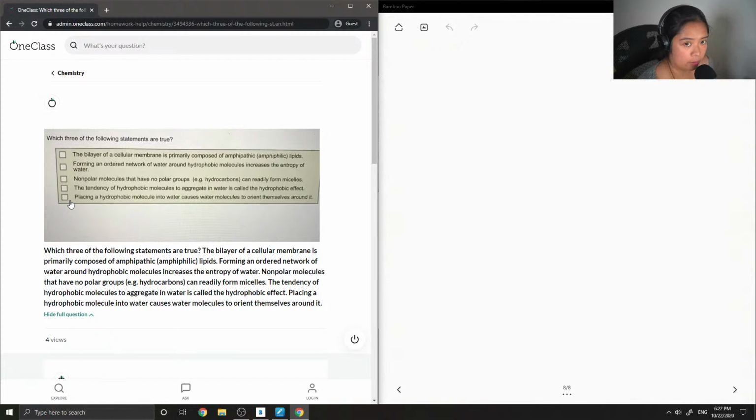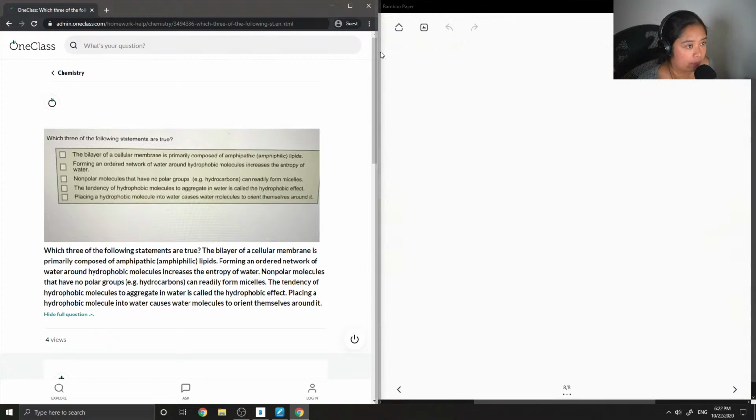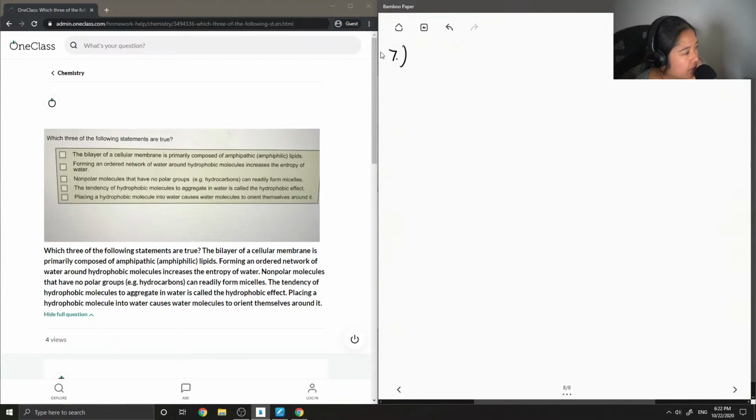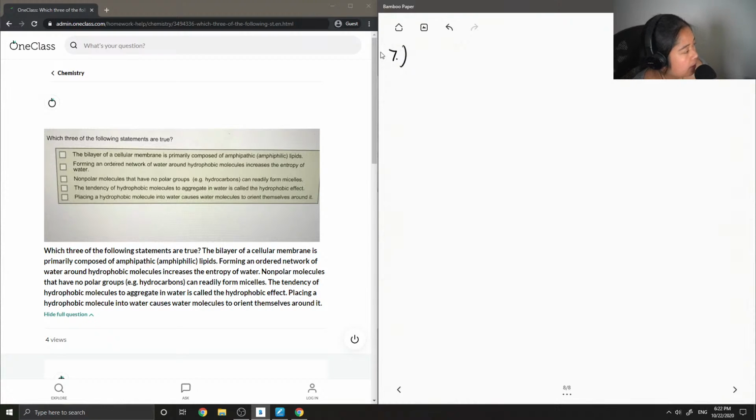Okay, so let's look at question number 7. Which 3 of the following statements are true? 1. The bilayer of a cellular membrane is primarily composed of amphipathic lipids, also known as amphiphilic. So this is true.